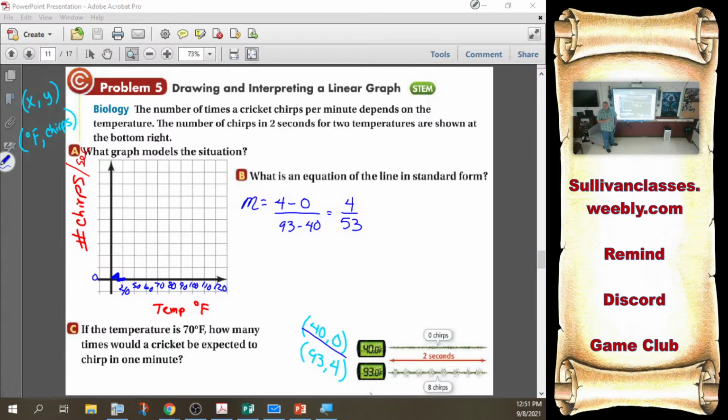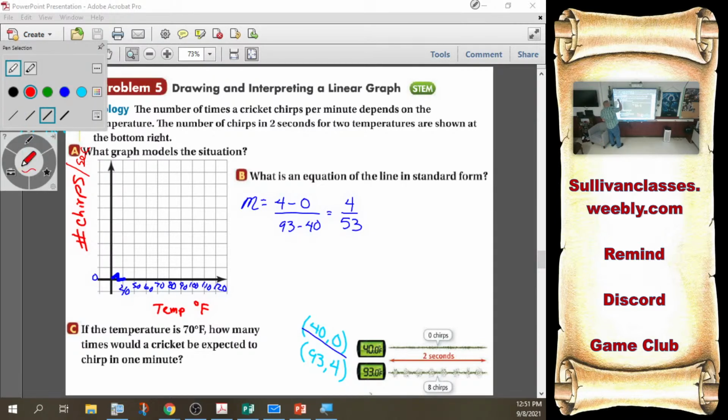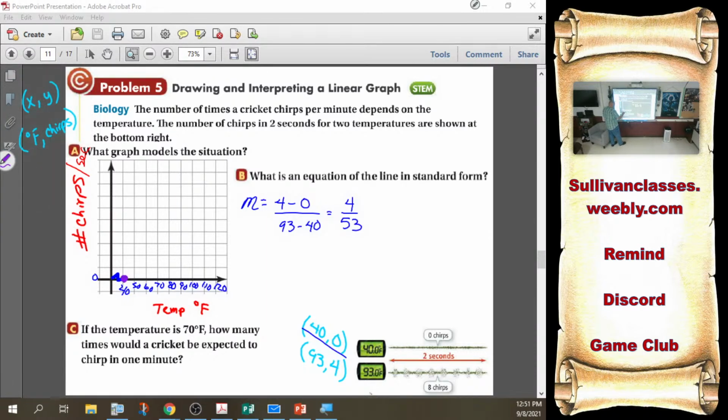It's an x-intercept. Okay, so I know for my graph here, green, I'm going to start at 0, 40, and from there I'll go up 4 over 53. Doesn't make sense for this chirp scale to be going by tens, does it? Maybe I'll just go by ones.